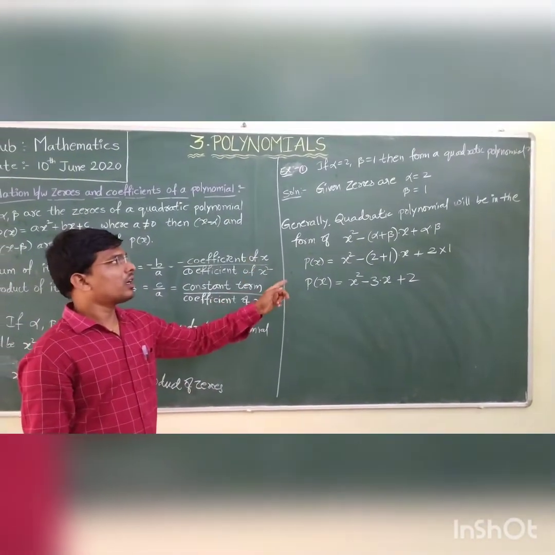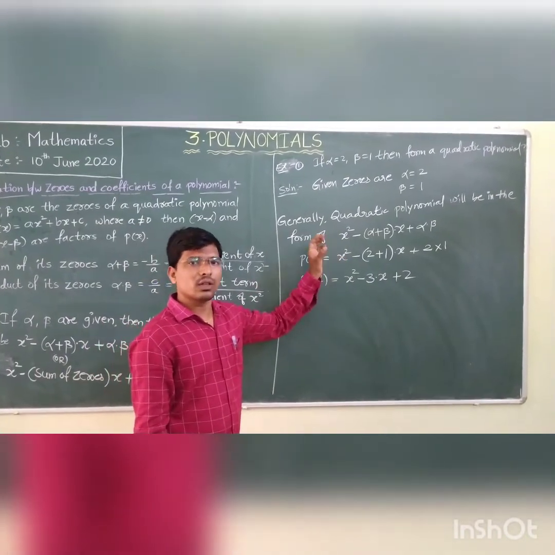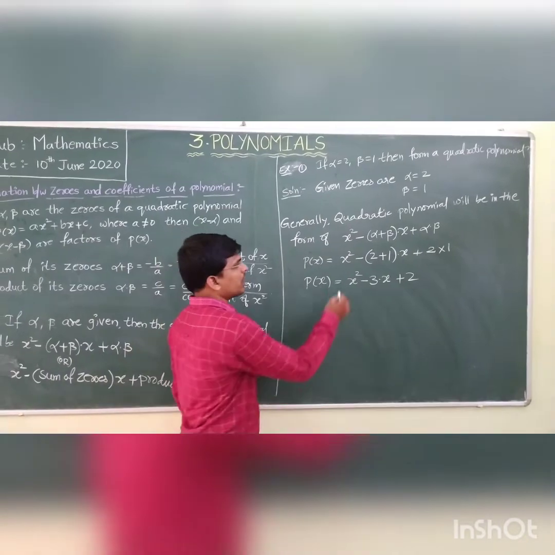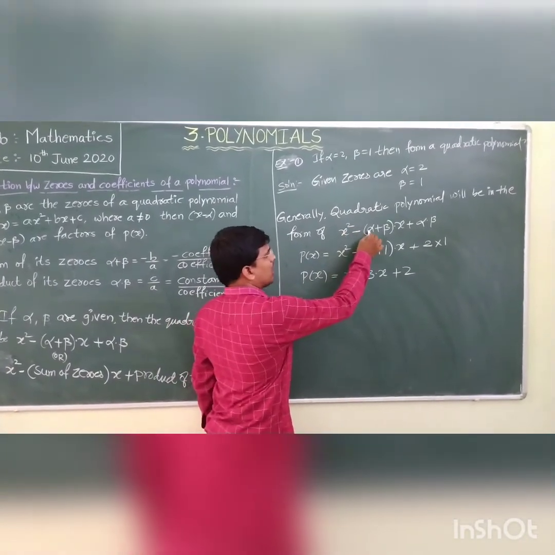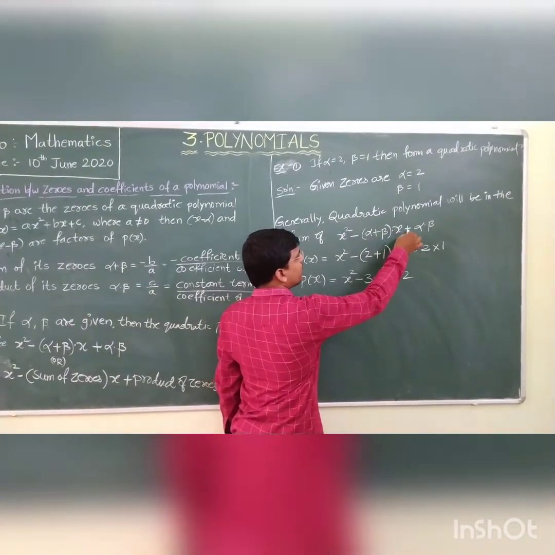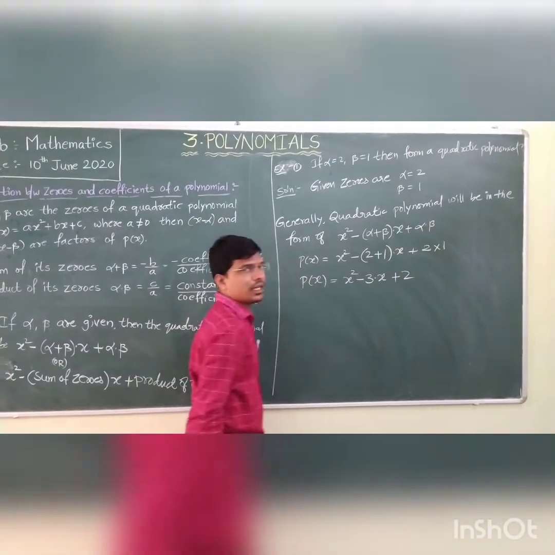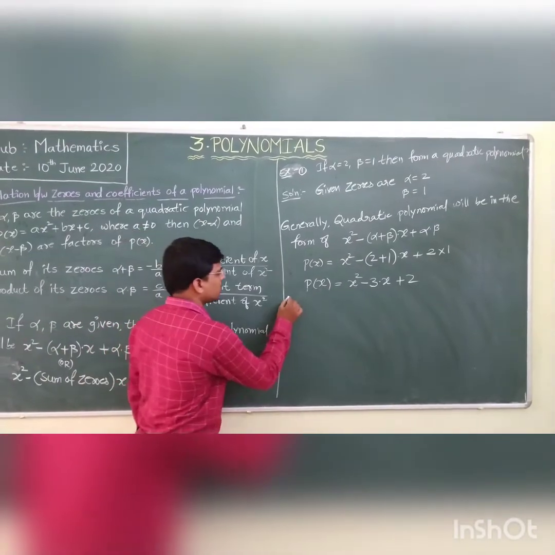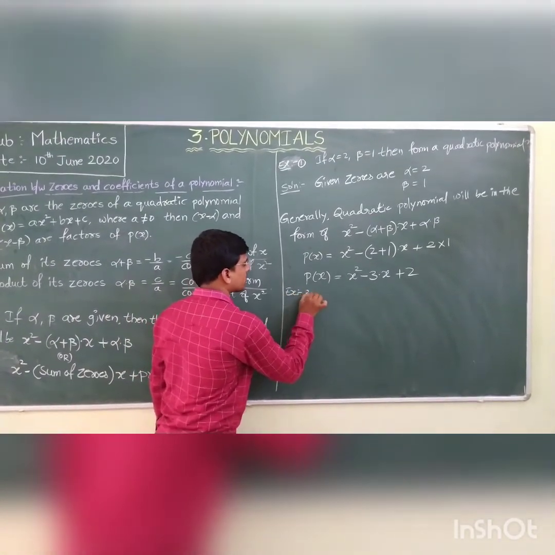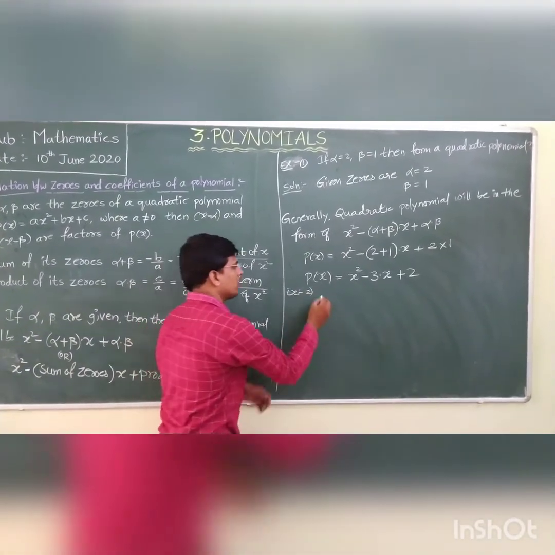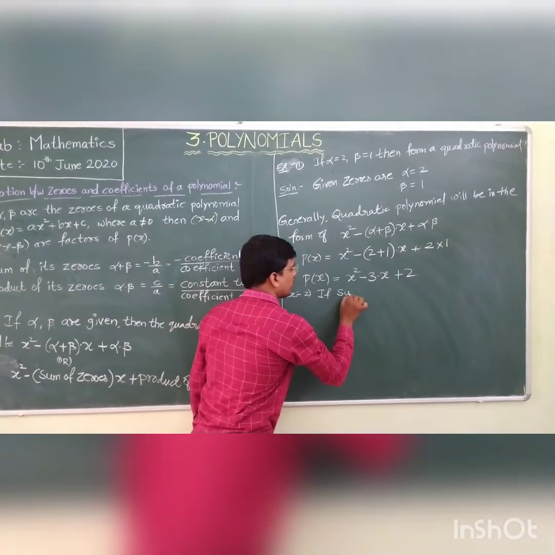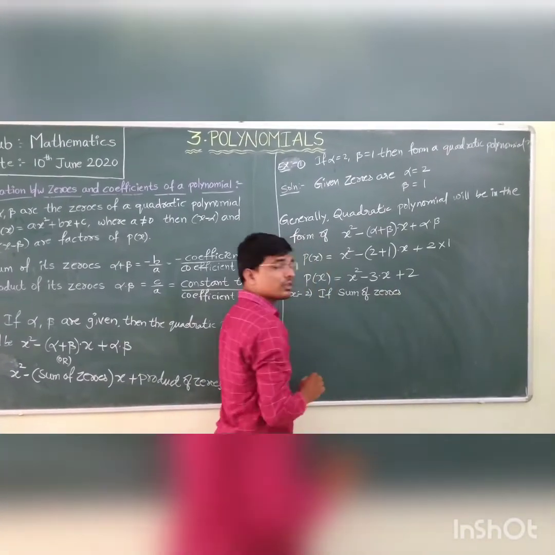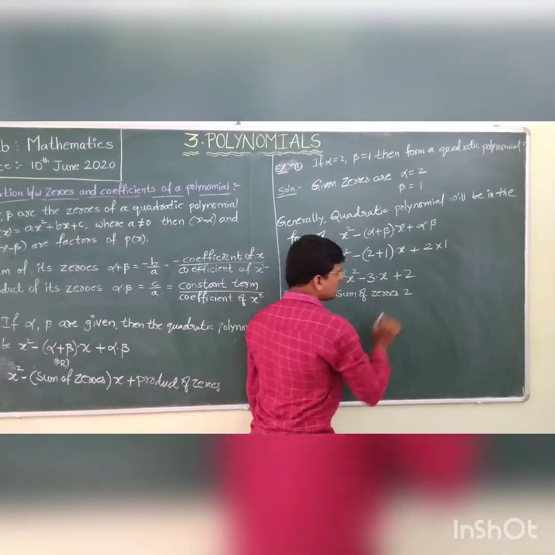Okay, if alpha and beta both the zeros are given, we have to form a quadratic polynomial, and that will be in the form of x square minus alpha plus beta into x plus alpha into beta. Sometimes they ask you the question in a different way. So that is example 2.